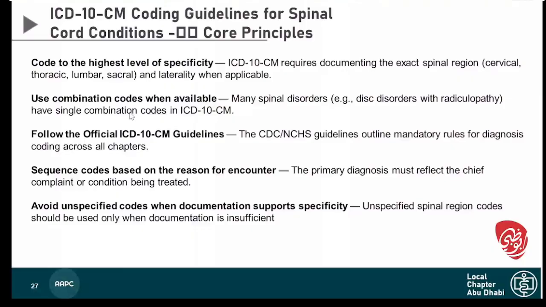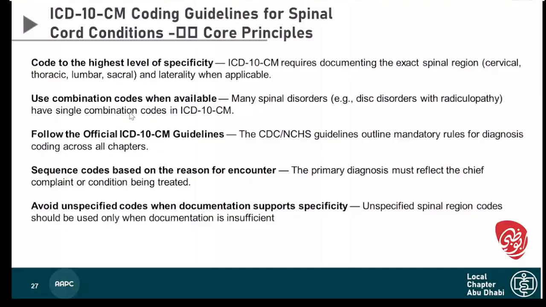Then use combination code when available. Many spinal conditions have combination codes, for example intervertebral disc disorder with radiculopathy. Radiculopathy means radiating pain, to the upper limbs or lower limbs, whatever it may be.